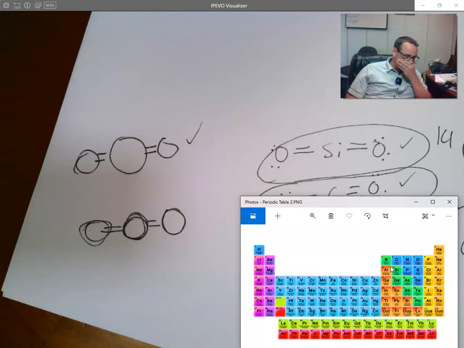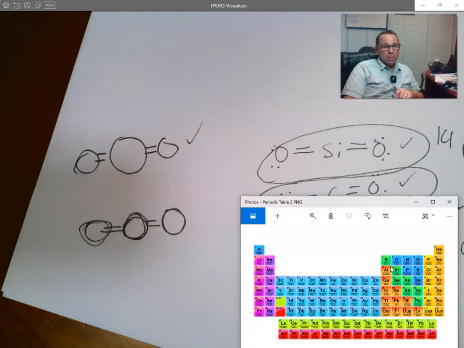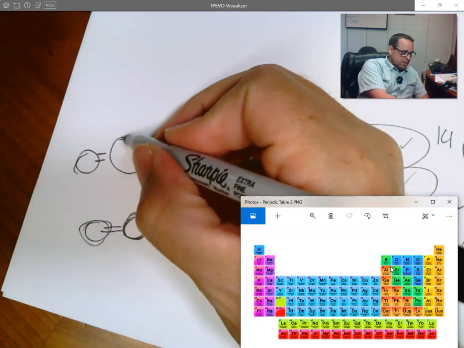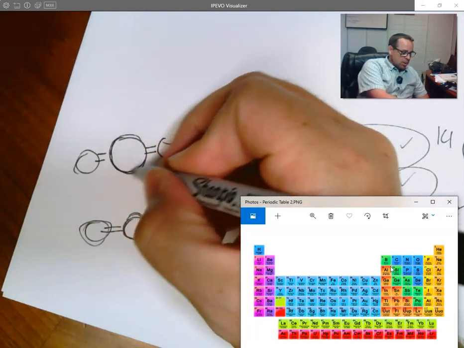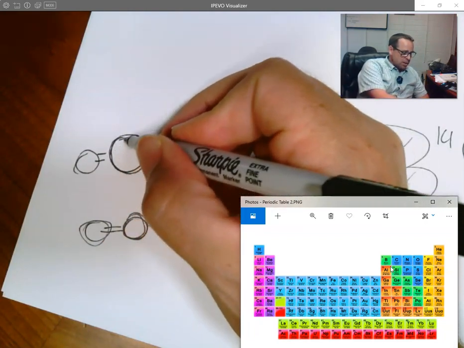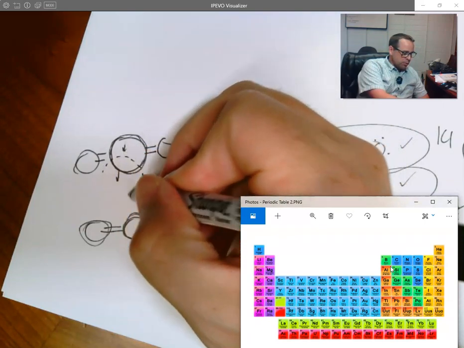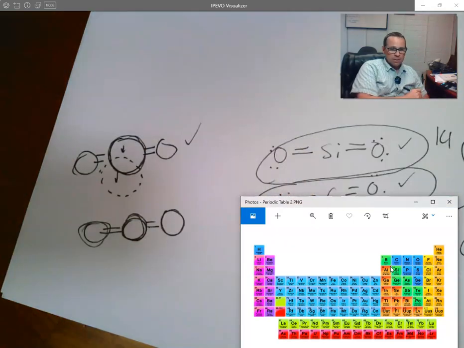Is it because it has more protons, so it pulls it towards it more? Well, it could be that. What it actually has to do with is because this circle is larger, when there is a movement of the electron density, right? So let's say it moves over here temporarily.